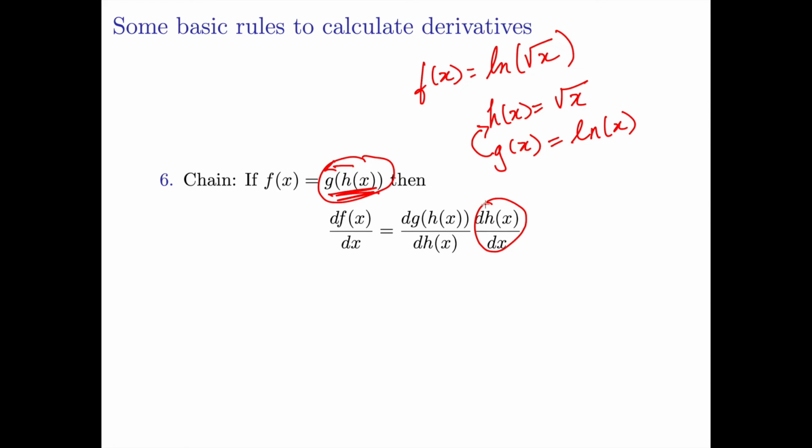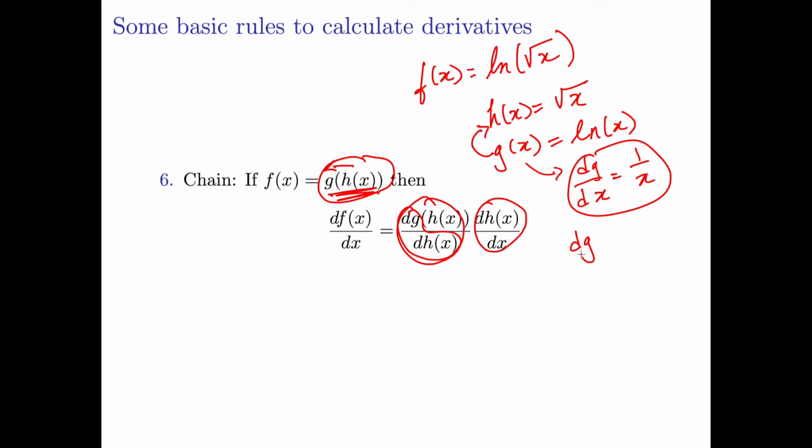You take the derivative of h, then you take the derivative of g with respect to its argument. So in this case, dg dx would be 1 over x. But you don't evaluate this derivative at x, but rather at h of x. So in this case, you have dg of square root of x with respect to square root of x. What we're doing is we're treating the variable to be square root of x rather than x.